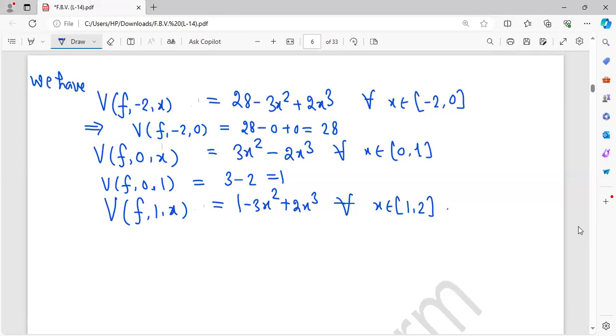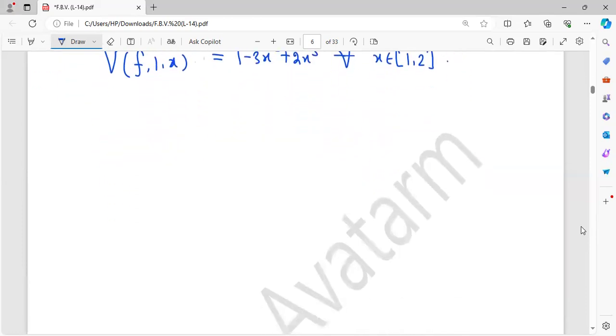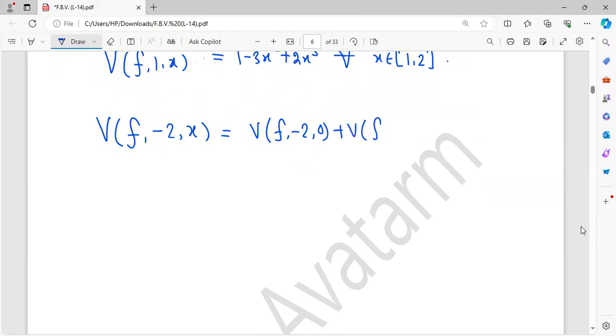Now I need the value of BF minus 2 to x. If I am taking x from the interval 0 to 1, this is BF minus 2 to 0 plus BF 0 to x.